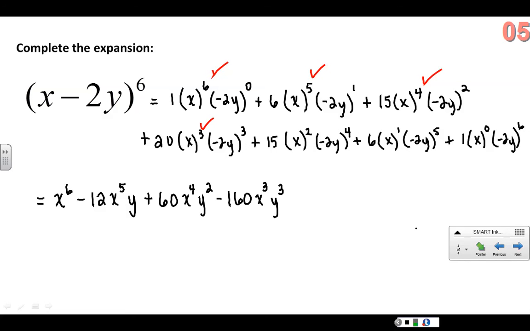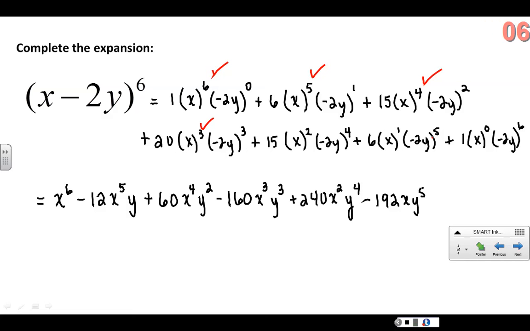A little bit harder math going here. Negative 2 to the fourth is 16. 16 times 15 is 240, and it's going to be positive this time. x squared, y to the fourth. Negative 2 to the fifth, that's negative 32 times 6. So negative 192 x y to the fifth.